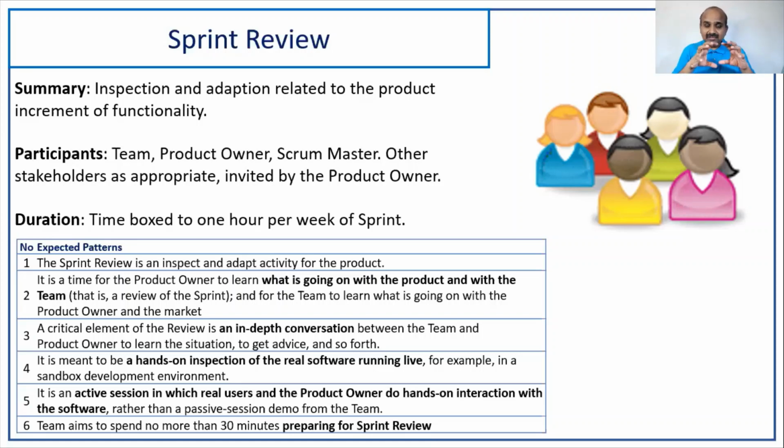He will tell how it is going to give an edge to the product. And if some acceptance criterion is not met, he says, because of this, our product can probably lag in this area. So the team understands the market perspective, the product owner understands the team perspective, and it's a conversation.